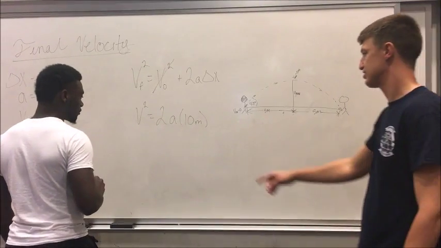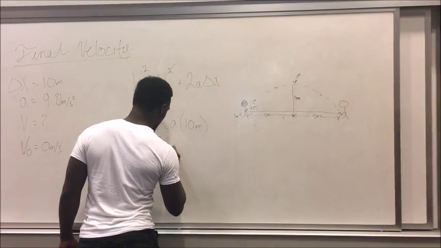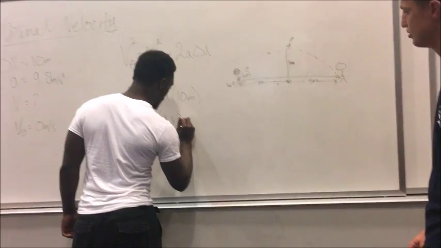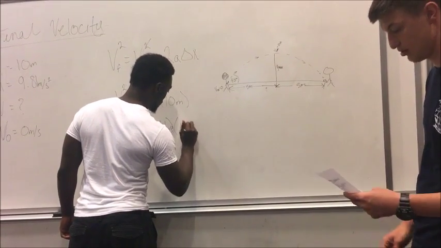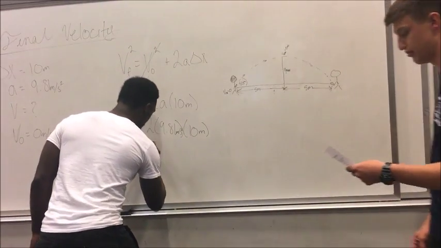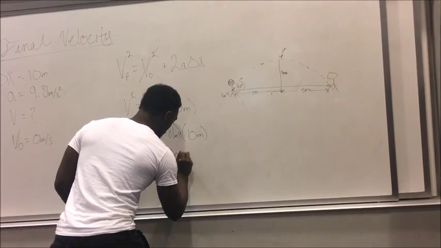Writing in our equation, acceleration is 9.8 due to gravity. 2 times 9.8 times 10 is 196.2 meters squared per second squared.